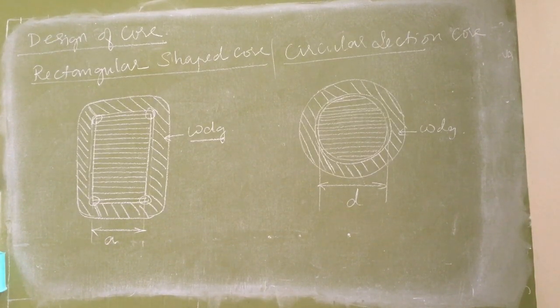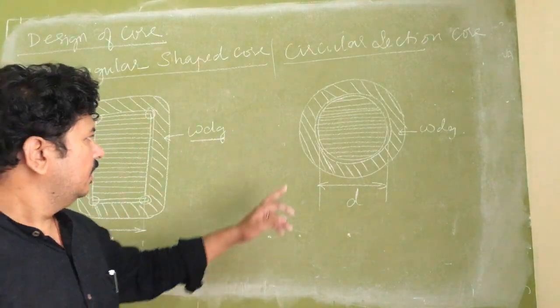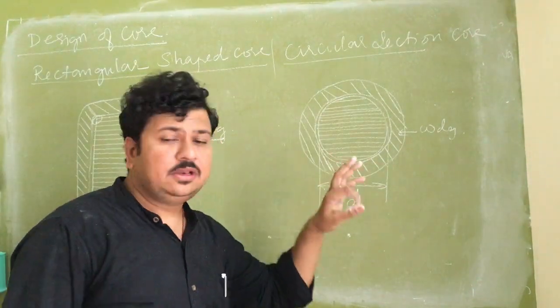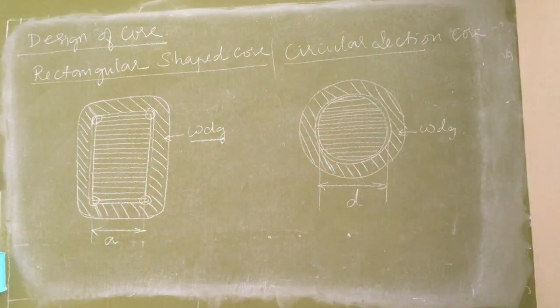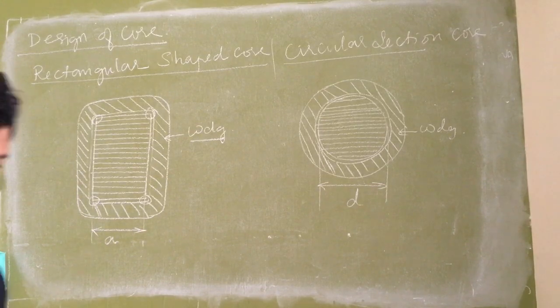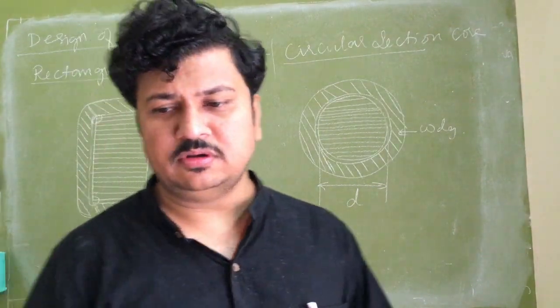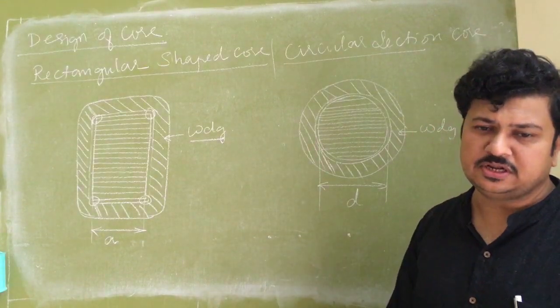So I can go for the circular section because it gives me an ideal shape where the turns will not experience any mechanical stress at any edges because the curvature is uniform. So the health of the winding will be very good when I use the circular section.